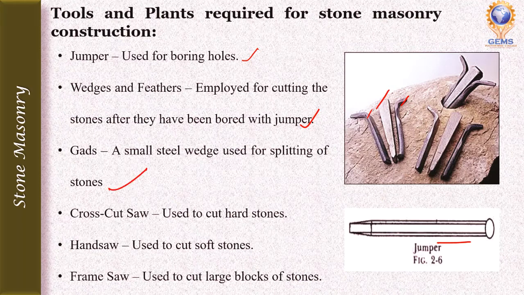The crosscut saw is used to cut hard stone. Hand saw is used to cut soft stone. Frame saw is used to cut large blocks of stones. So these are the tools that are required for the construction of stone masonry.